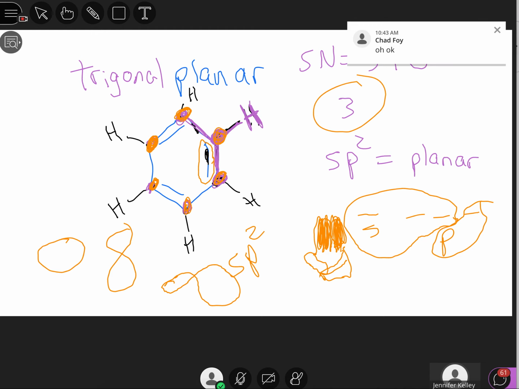Almost like if you had an s orbital and you bred it with a p orbital and they came together, they would look sort of like both of them. Yeah, so if it was 6, it'd be S, P1, P2, P3, D1, D2. So SP3D2. All right.